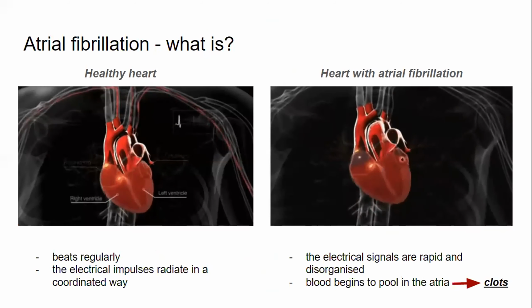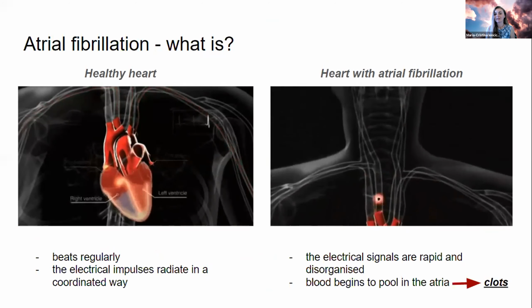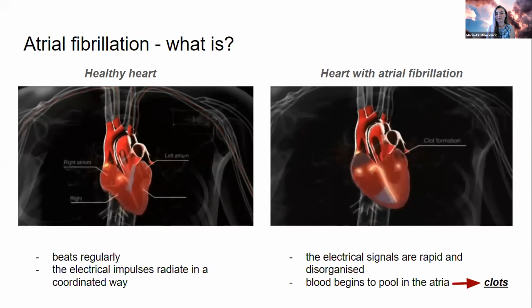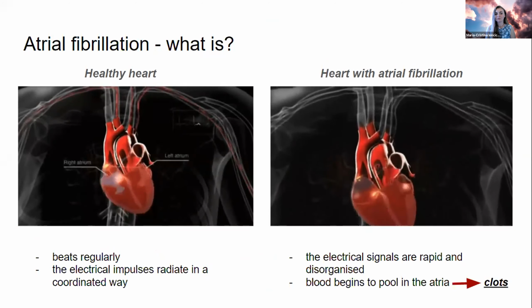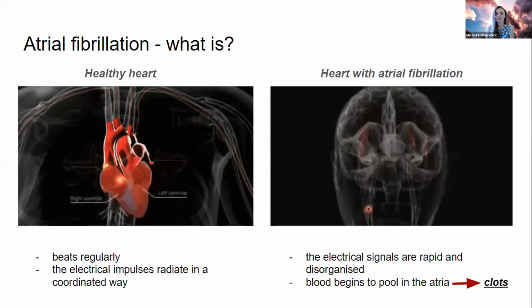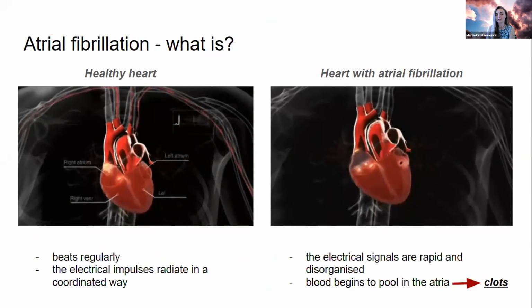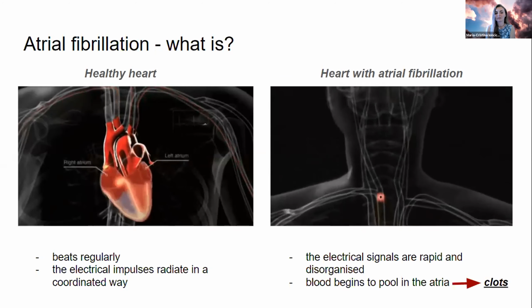Coming back to medical aspects, when we have a healthy heart, it beats regularly under the control of electrical impulses. These impulses radiate from the top to the bottom of the heart in a coordinated way. In the case of atrial fibrillation, the electrical signals are abnormal, radiating through the atrial walls in an uncoordinated manner.